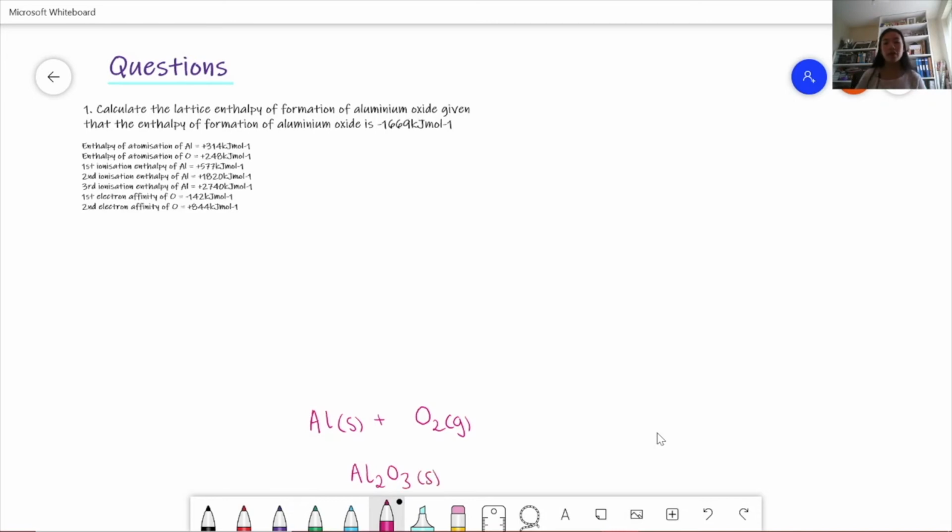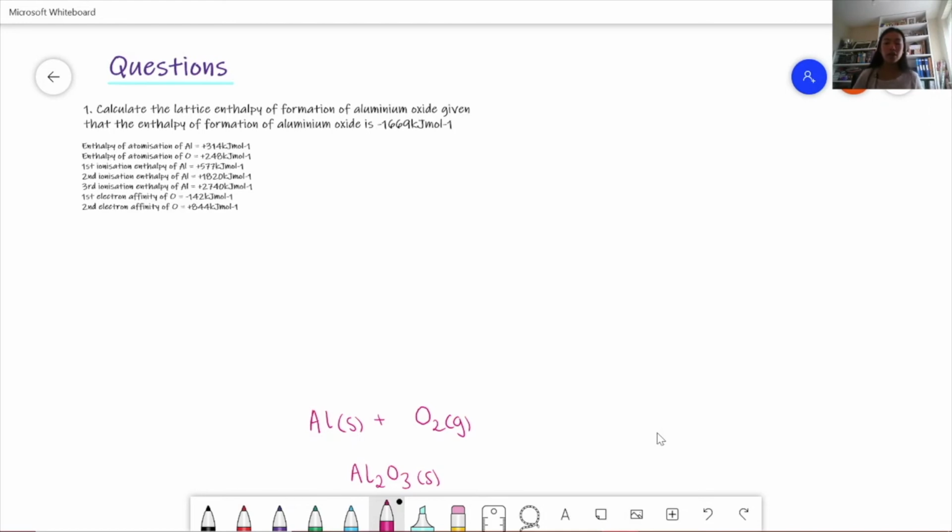I know that formula because of the ions that they form. Al forms 3 plus ions, and oxygen forms 2 minus ions. So that means the ratio is 2 to 3. For every 2 aluminium ions, I need 3 oxide ions to balance the charge out. And so that's why the formula of aluminium oxide is Al2O3.